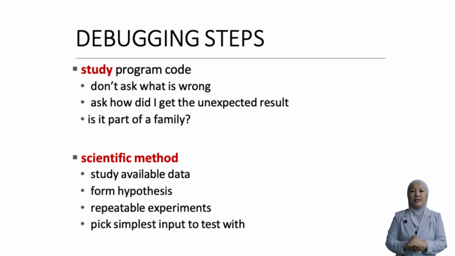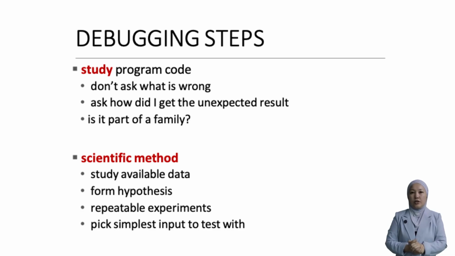search. Effective debugging mirrors the scientific method. When you encounter an unexpected result, your first question should not be the vague "what's wrong?" Instead, ask a more precise, data-driven question. How did the program arrive at this unexpected result? Investigate if this bug is part of a family of similar errors. Is there a pattern? Then apply the scientific process.